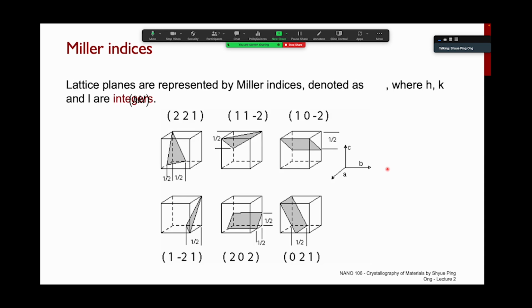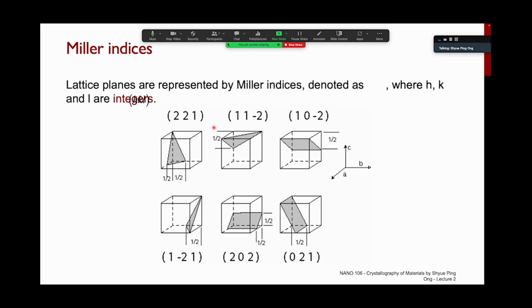Now, when we talk about lattice planes, we denote them using what are called Miller indices. These are essentially a bracket with 3 numbers, usually h, k, l, and these numbers are integers, okay?